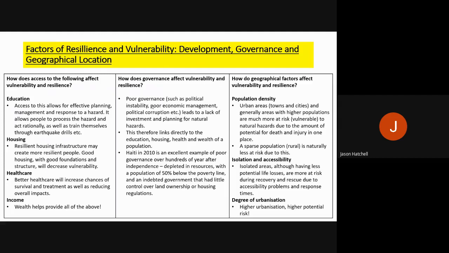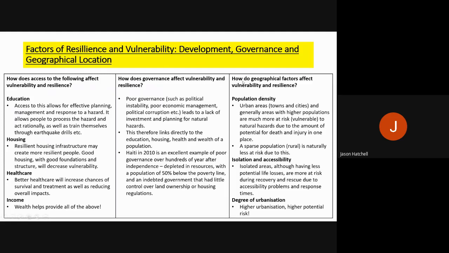Now, even though Haiti is not a volcano, Haiti obviously has earthquakes, and in 2010 there was an excellent example of poor governance in terms of volcanic or earthquake preparation. So you could use Haiti as an earthquake example if you're asked about earthquakes, but if you're asked about obviously volcanic events, you could use your Philippines case study and you could use also your Icelandic cases.